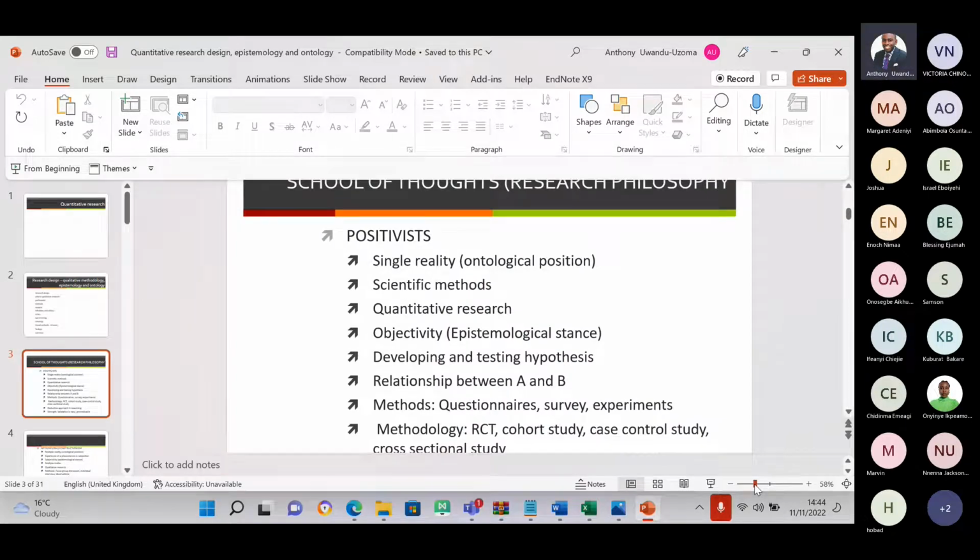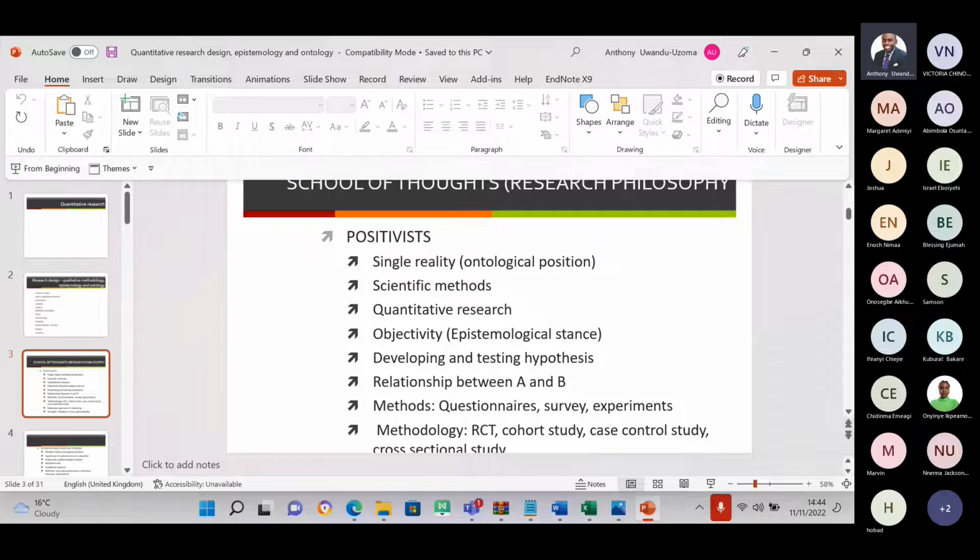Look at the characteristics of epistemology. Sorry, look at how a positivist thinks. They believe in a single reality. That's their ontological position. Their epistemological stance is that there is a single truth.